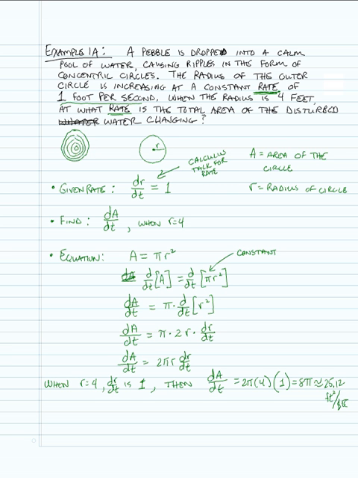Now, what I'd like you to recognize is that if we had a different radius amount, then the rate of change of the area would be different. So let's look at example 1b, and we'll change a bit here. This is basically the same problem, except now the question is, what is the rate of change of the area when the radius is 10 feet?